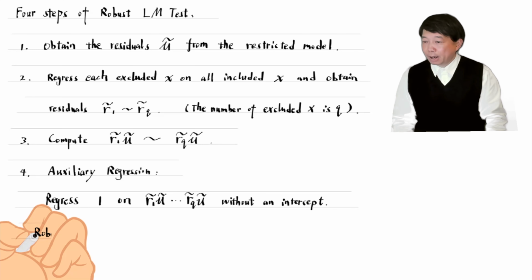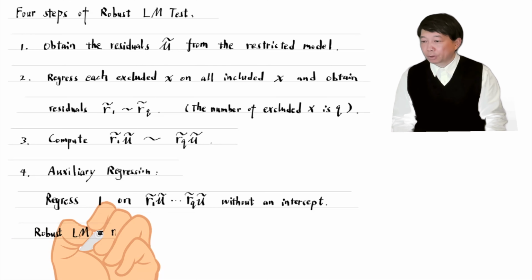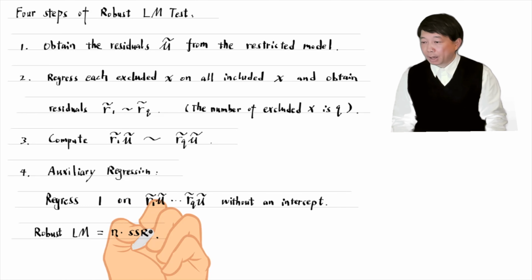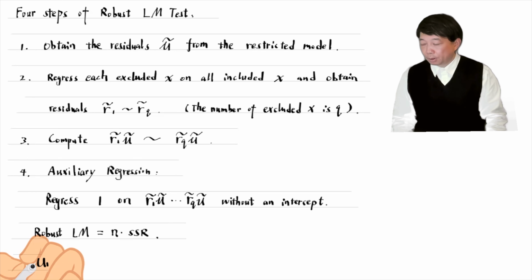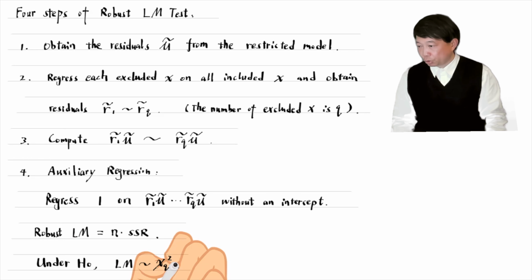The robust LM statistic equals n times SSR, where n is the sample size and SSR is the usual residual sum of squares from this regression. Under the null hypothesis, the LM statistic follows a chi-square distribution.